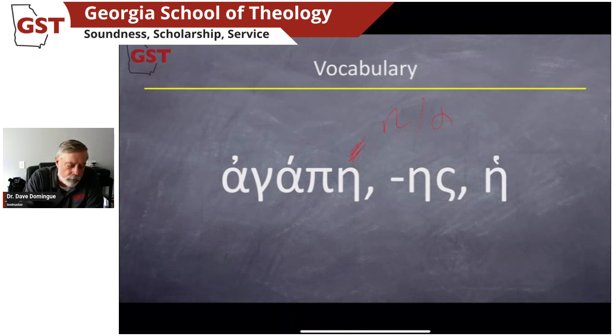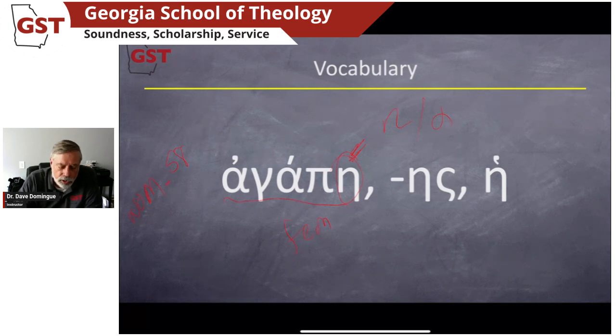And by the way, in vocabulary you're almost always looking at the nominative singular form of the word. Agapē is a nominative singular, and I know this is a feminine word because of the eta stem ending here. There are some exceptions, but here I know it is.